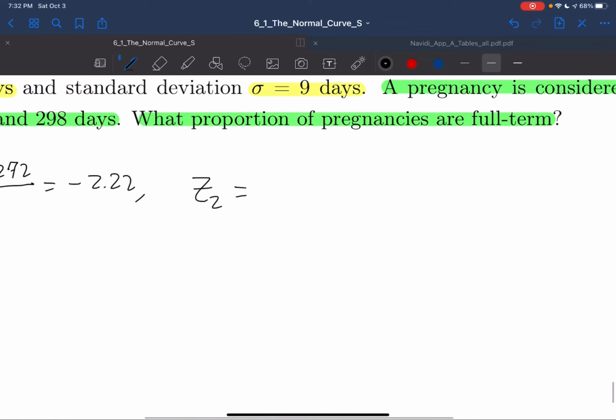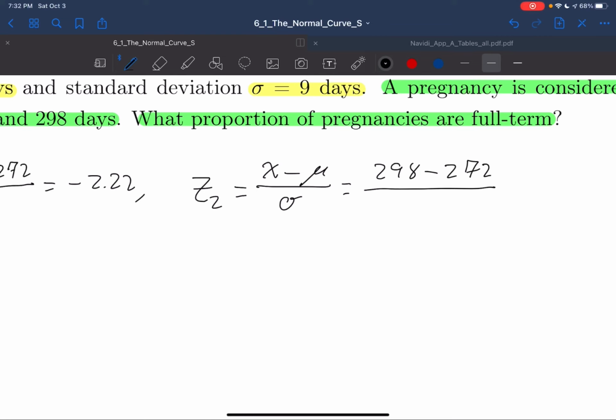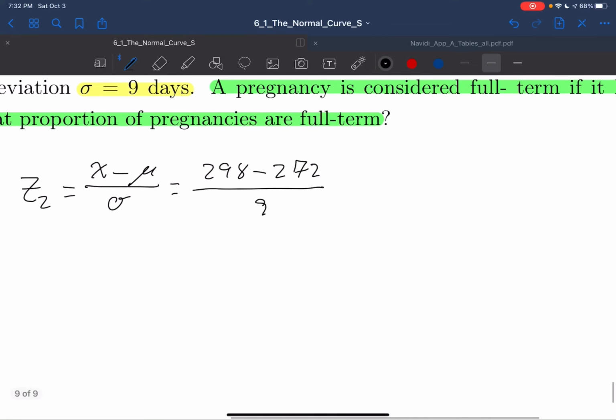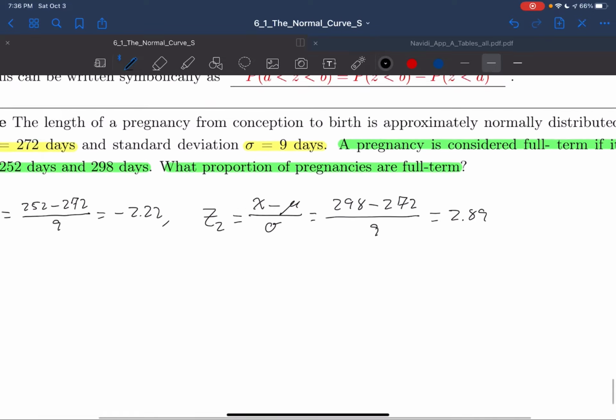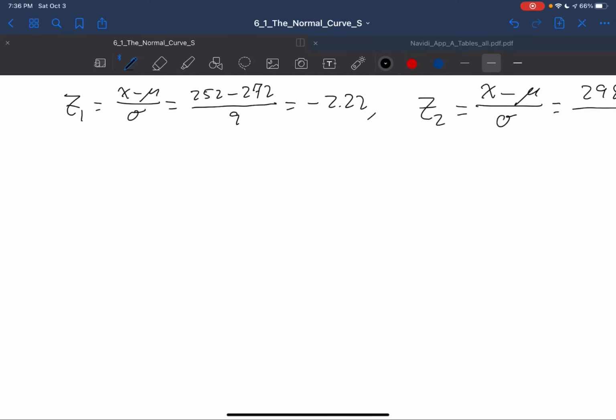So this will be x minus mu over sigma, which is 298 minus 272 over 9, and this is going to be 2.89.